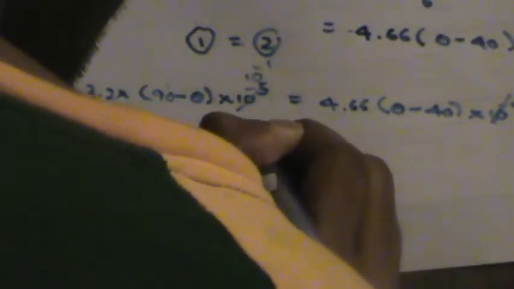3.2 times 90 is 288, minus 3.2 theta, will be equal to 46.6 theta minus 46.6 times 40.